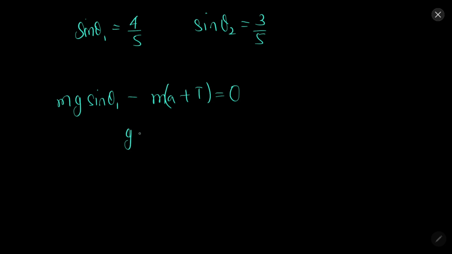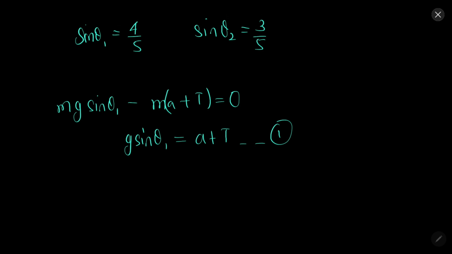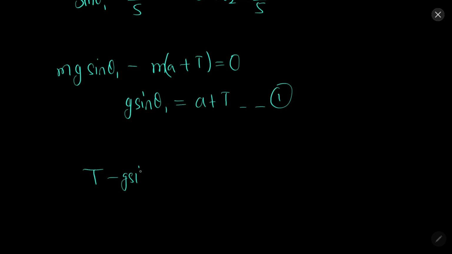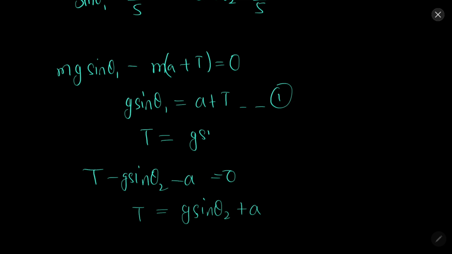So g sin theta 1 will be a plus T. So this is one equation. Another is T minus g sin theta 2 minus a equals 0. So T equals g sin theta 2 plus a, and in terms of tension it will be g sin theta 1 minus a.